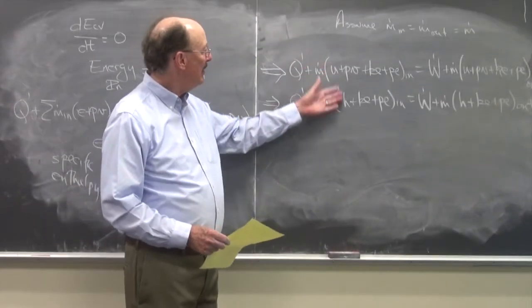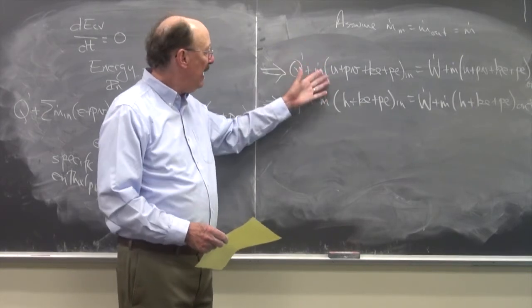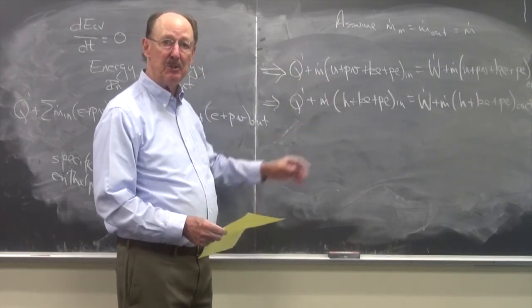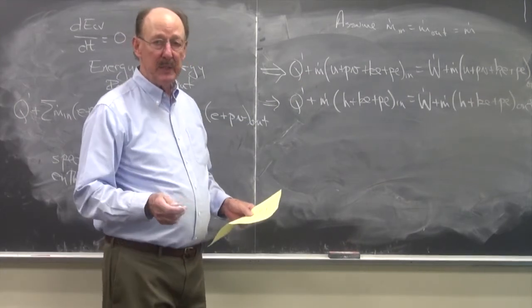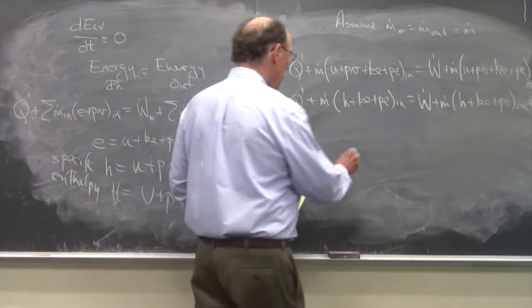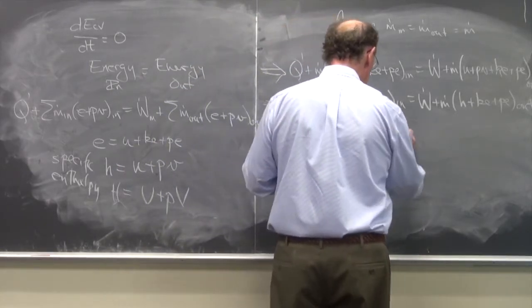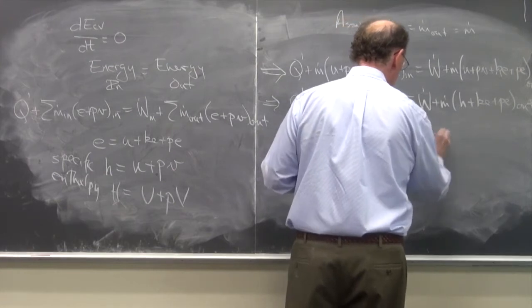So these are the first law for an open system, steady state, and we apply these in different situations. We also, if you look in the text, developed an expression for the power. And so for the power, it's equal to minus m dot times VdP.